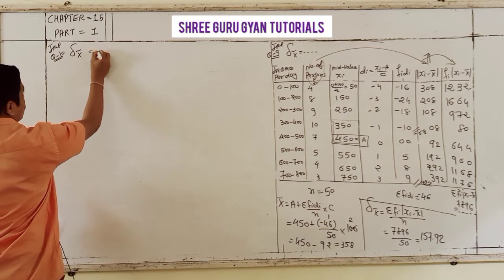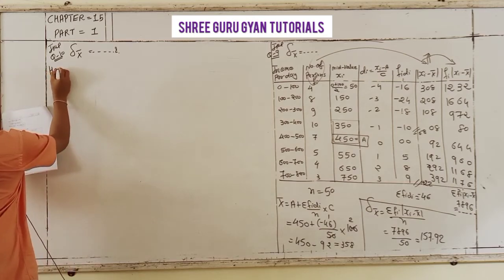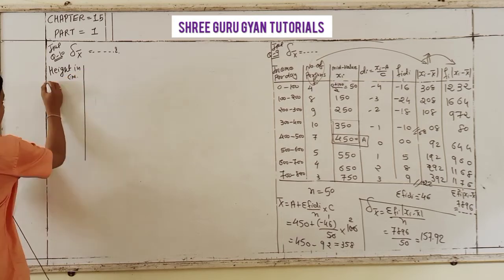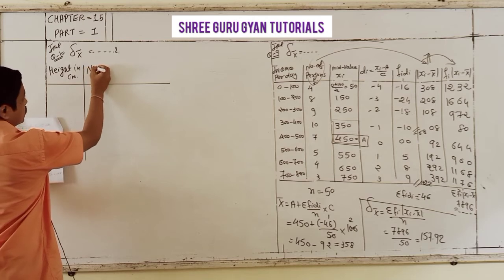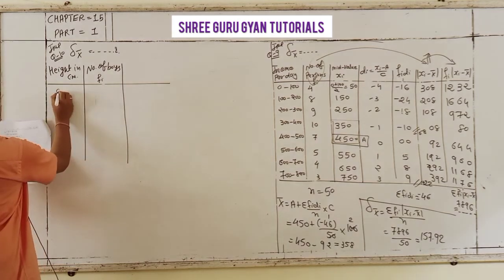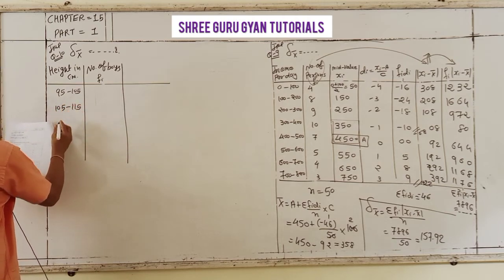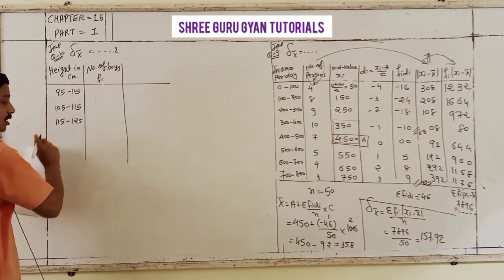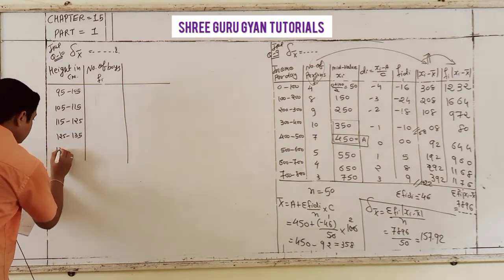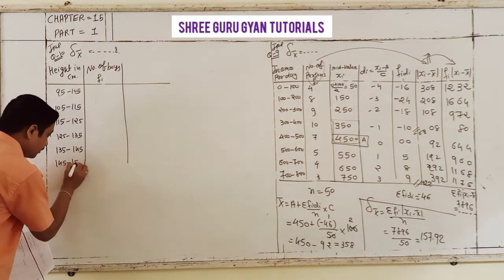Find the mean deviation about the mean, given the height in centimeters and the number of boys as frequency. The classes are 95 to 105, 105 to 115, 115 to 125, 125 to 135, 135 to 145, and 145 to 155.